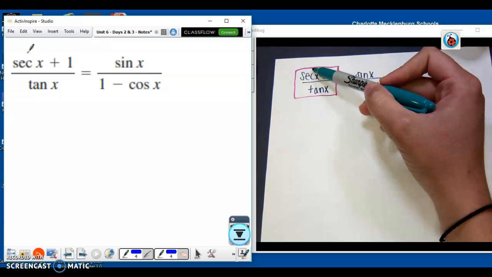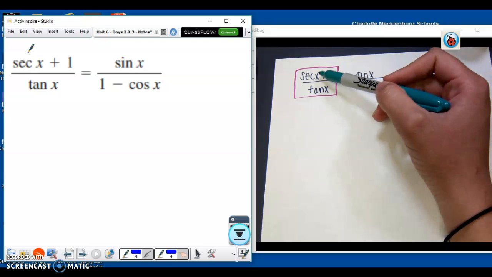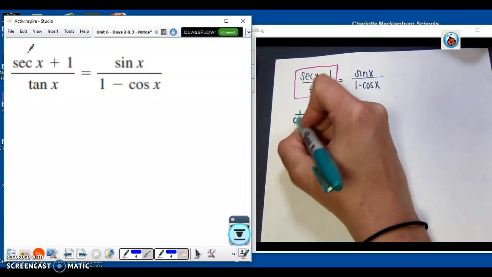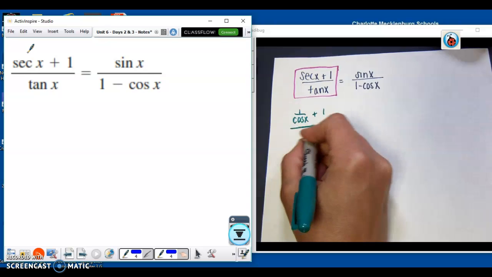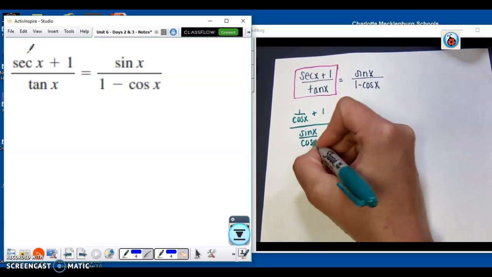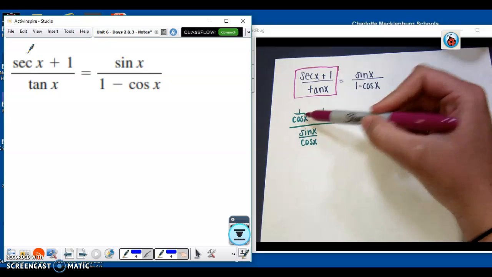Okay, so we're going to rewrite these. It's not secant squared plus 1, so you can't use the Pythagorean identities. So we're just going to have to use, we know secant is 1 over cosine x plus 1. And then I know tangent is sine x over cosine x. Okay, so just working with this numerator first, I need to add these two fractions.